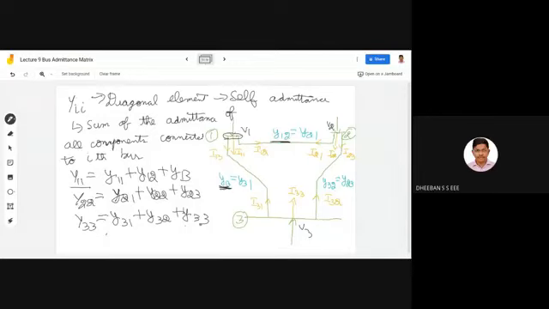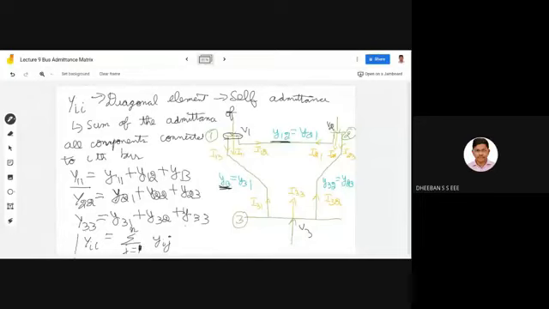Generally, you can write this in a common methodology as Yii equal to summation of j equal to 1 to n of yij.